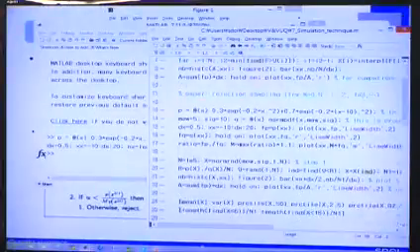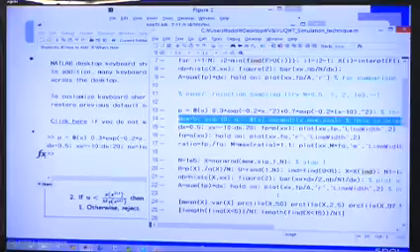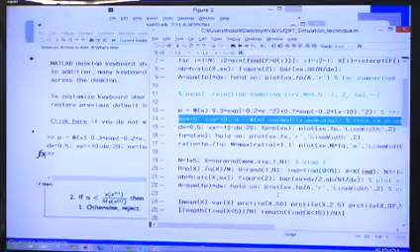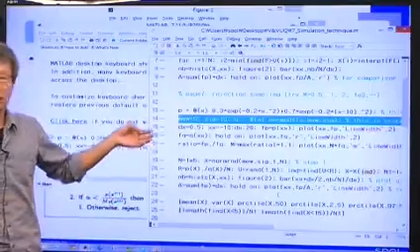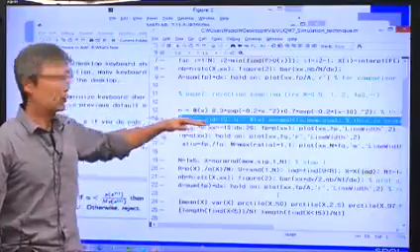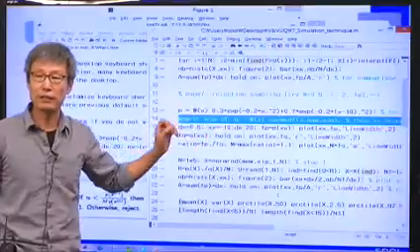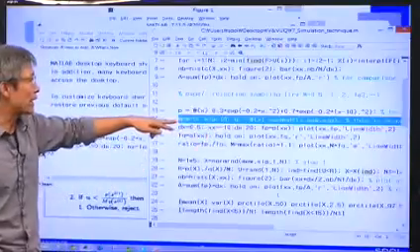I hope you will have these codes or documents at hand, in case you don't see clearly here. So this is the line.